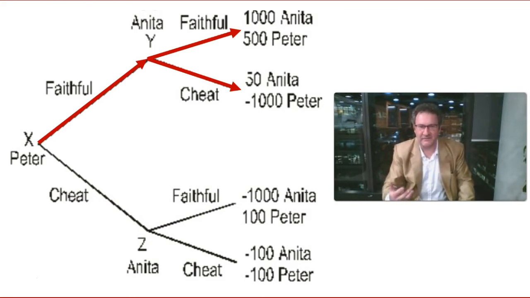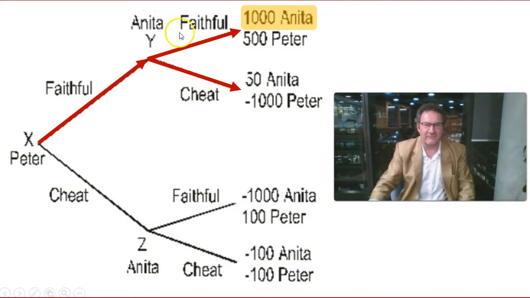Because we're assuming that Anita is a self-interested agent. So Anita's got a choice between 1,000 units of happiness or 50 units of happiness. 1,000 units of happiness is better. So we would say that Anita would remain faithful if Peter were faithful.